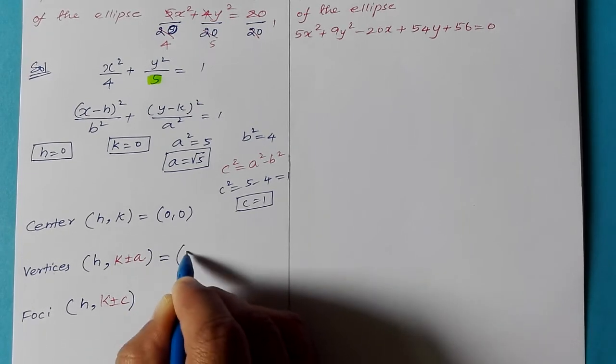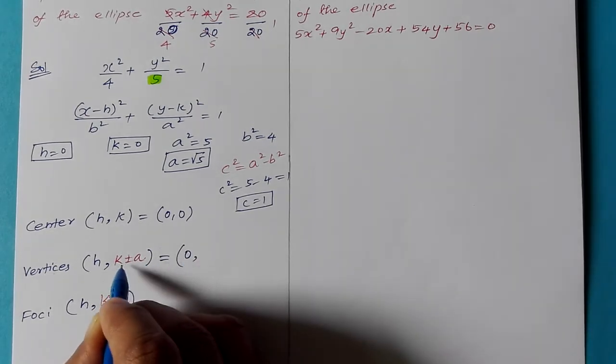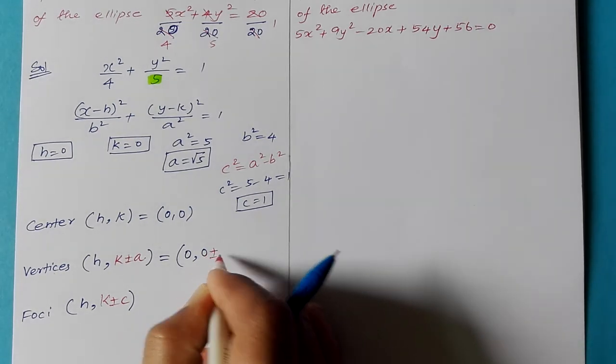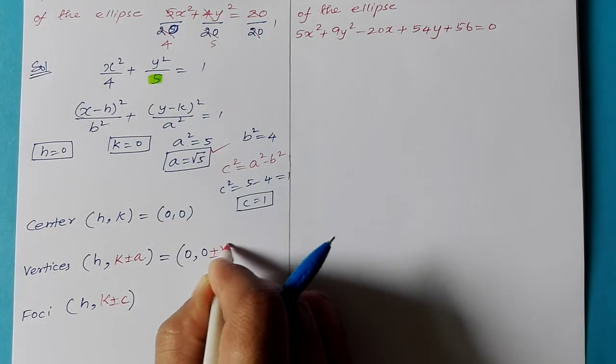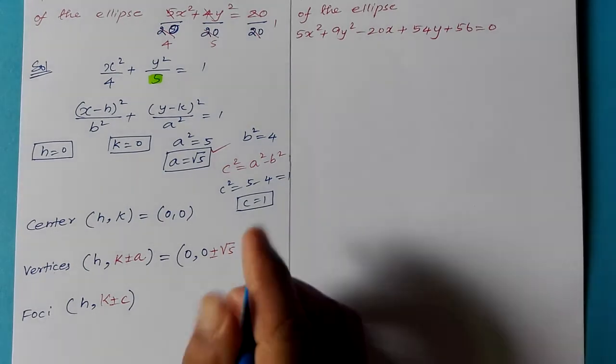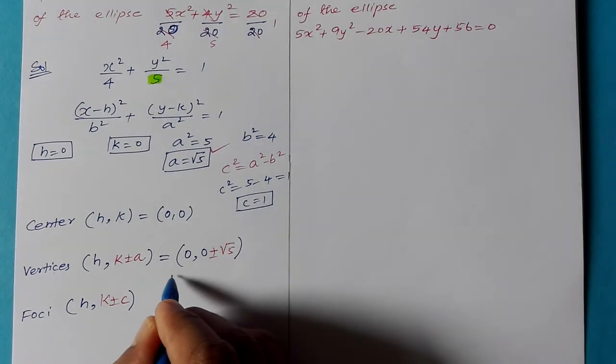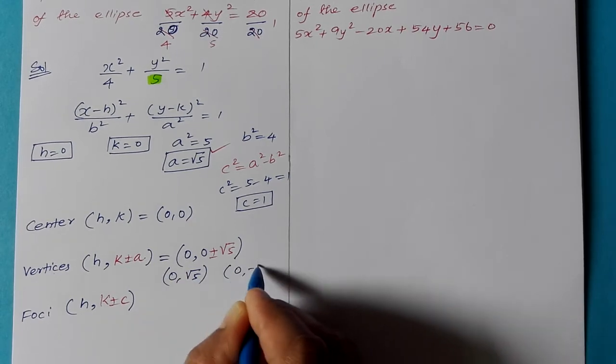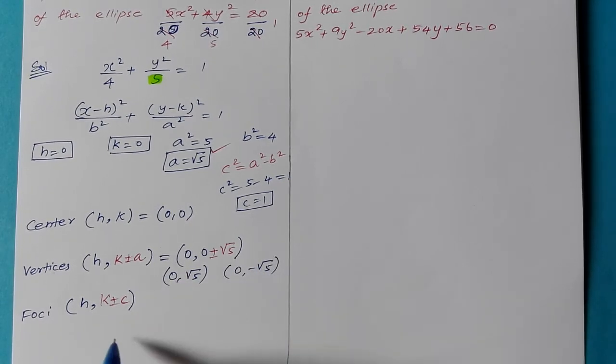Now here 0 comma k, 0 and a value, it is plus or minus root 5. If you simplify, you will get 0 comma root 5, and 0 comma minus root 5.